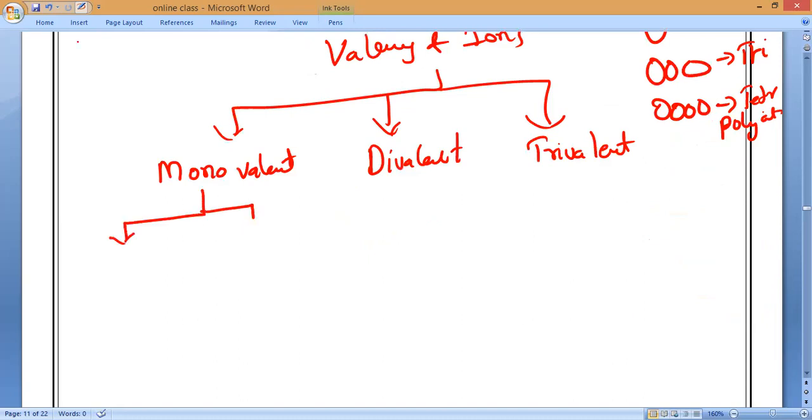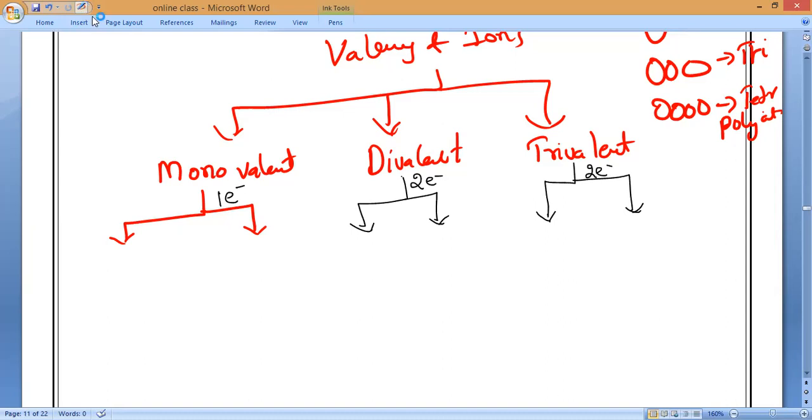Now this monovalent, again, I will say two types. If it is donating, how many electrons? One electron here, two electrons here, and three electrons here. First donate, I will say. One electron donate means it is cation or anion?